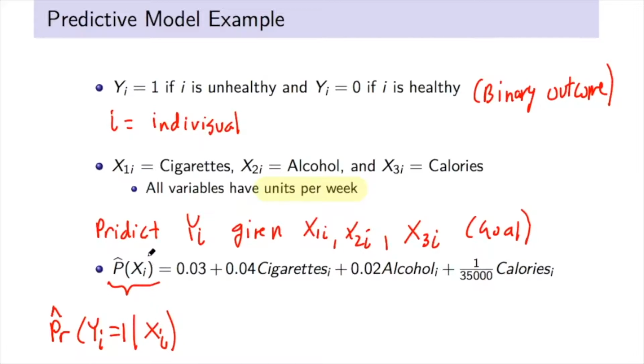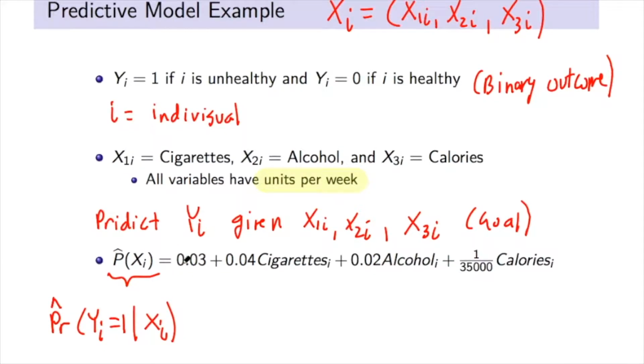And something I should mention, what we mean by xi is a vector containing the number of cigarettes per week the person smokes, the alcohol consumption per week, and the calories per week. So let me just write that here. So xi is a vector consisting of x1i, x2i, and x3i. Okay, so it would be perfectly fine if xi was replaced by x1i, x2i, x3i. I'm just using xi because it's much simpler and fits better on the screen.